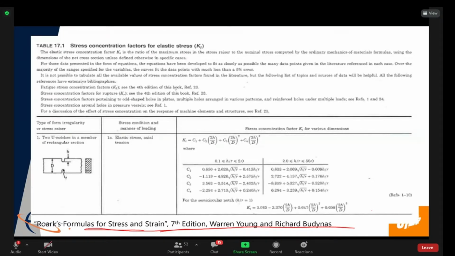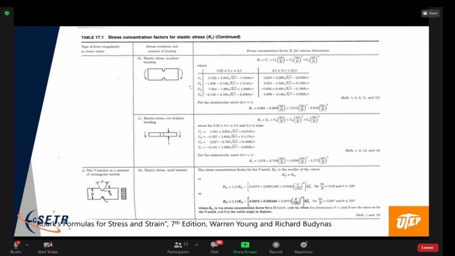What these tables do is allow you to calculate stress concentration factors for a variety of conditions. In this particular case, we have a bar with two symmetric stepped notches. We can have the same thing in bending.